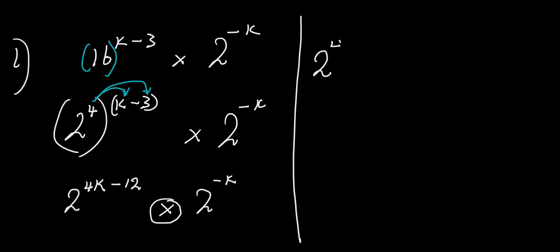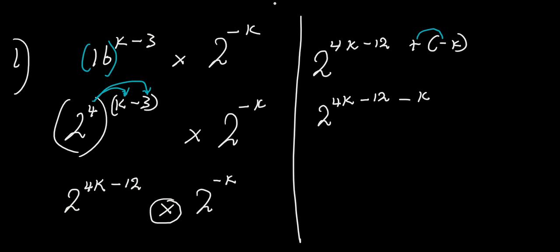So this will be 4k minus 12, okay, plus negative k. Because for the negative sign, I have to put in a parenthesis. So positive times negative is negative. So this will become 2 exponent 4k minus 12 minus k.